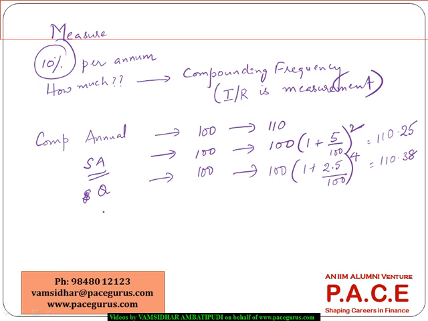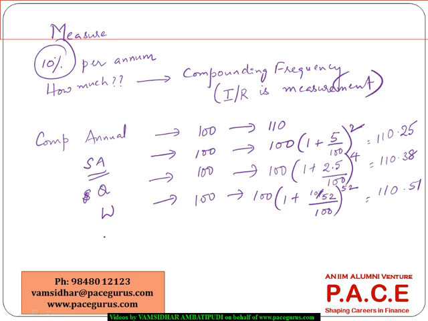Similarly, with weekly compounding, the same 100 becomes 100 into (1 + 10/52 divided by 100) raised to 52 weeks, which is going to give you 110.51. Like that, as the compounding frequency changes, the amount which you are going to get at the end of 1 year changes.